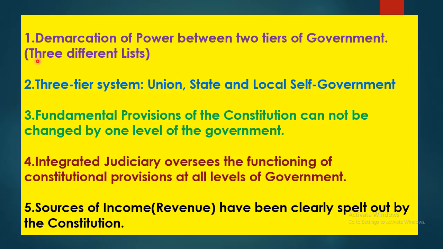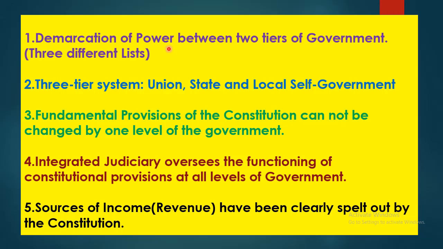In those three lists the areas and departments have been clearly mentioned: which areas come under the central government, which areas come under the state governments, and which areas come under both governments. So this is the first point. It is clearly mentioned what areas are to be looked after by each tier of government.